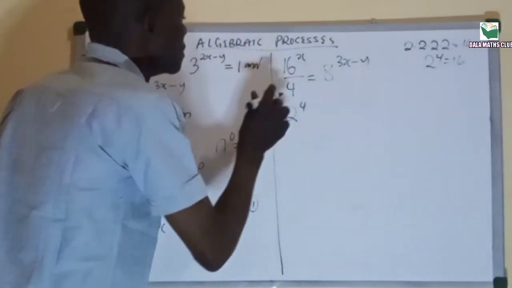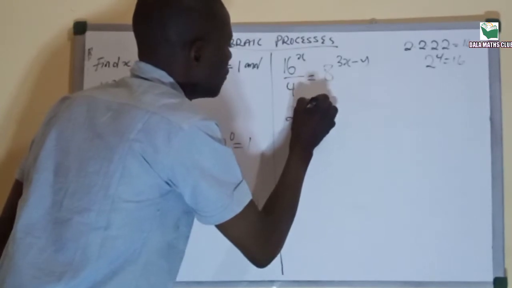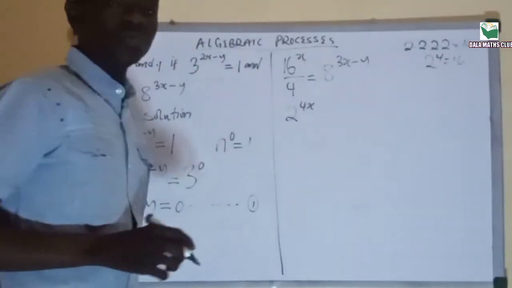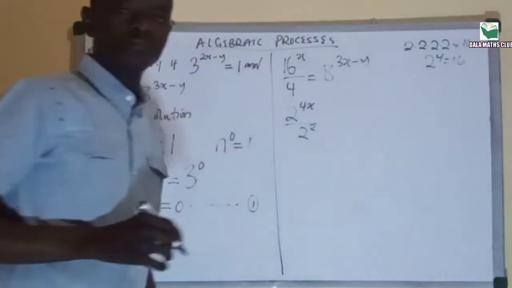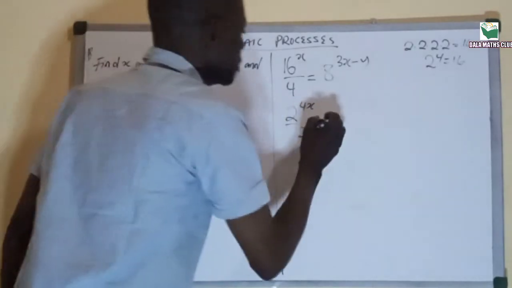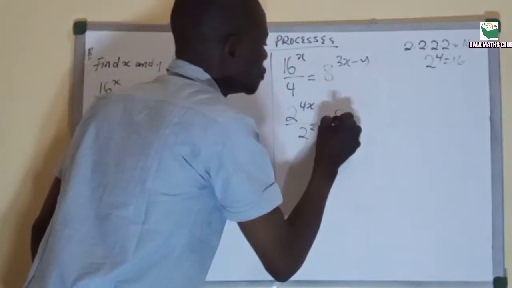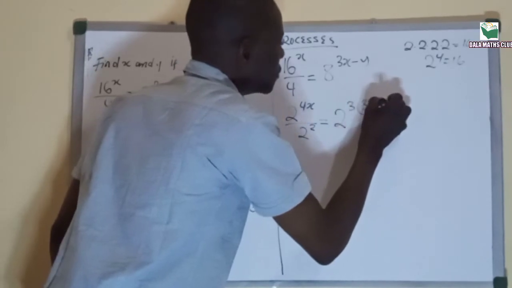So this is 2 power 4x, divided by 2 squared because 2 times 2 is 4, is equal to 2 power 3 bracket 3x minus y.